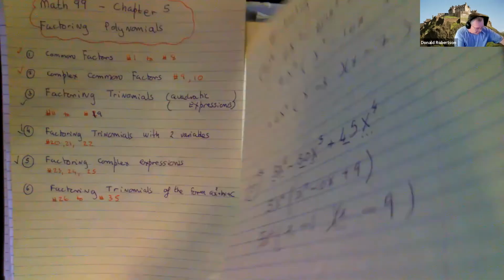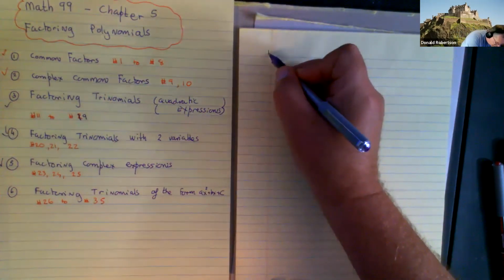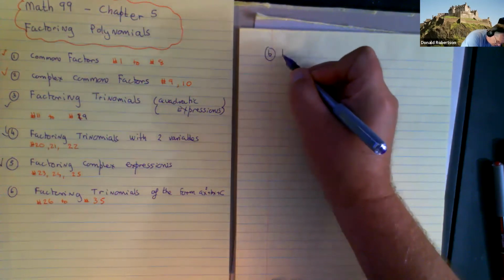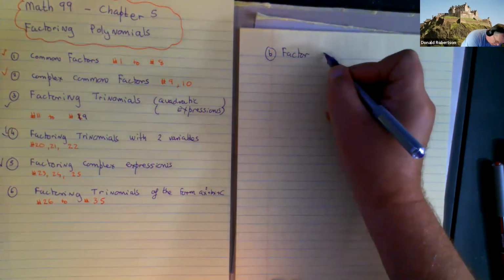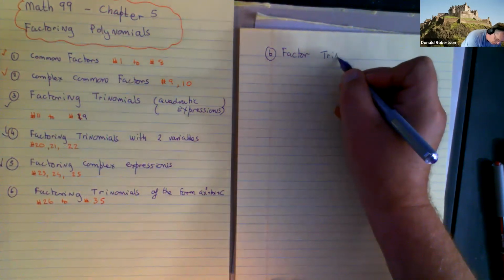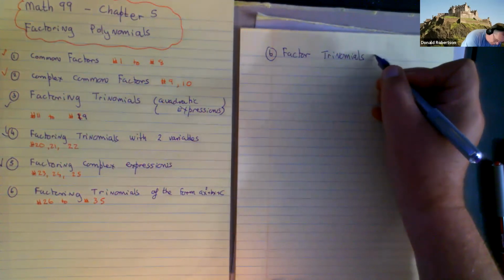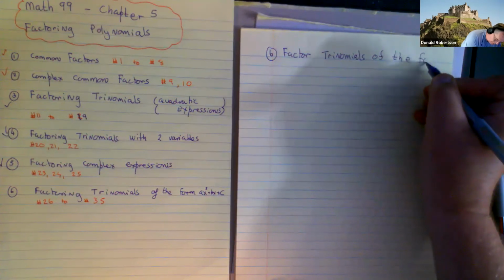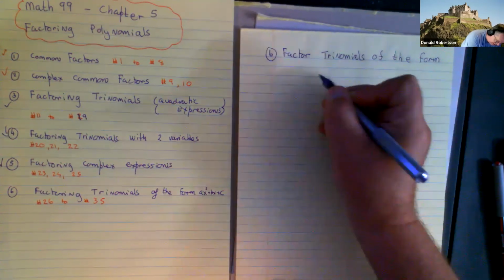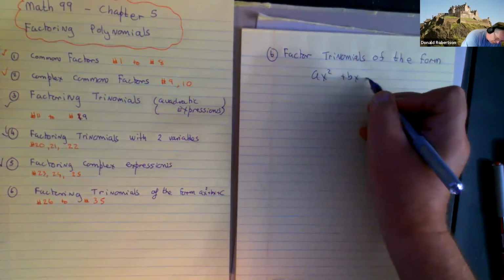So, the last group. And that is, how do you factor quadratics or trinomials of this form? Ax squared plus bx plus c.